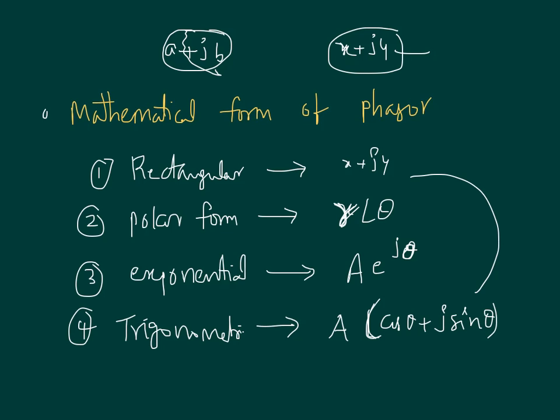This is similar to the x component and y component. The x component is x cos theta and the y component is y sin theta, and x and y are both the same, their maximum magnitude. Here that is a cos theta plus j a sin theta. These two are similar. Okay.